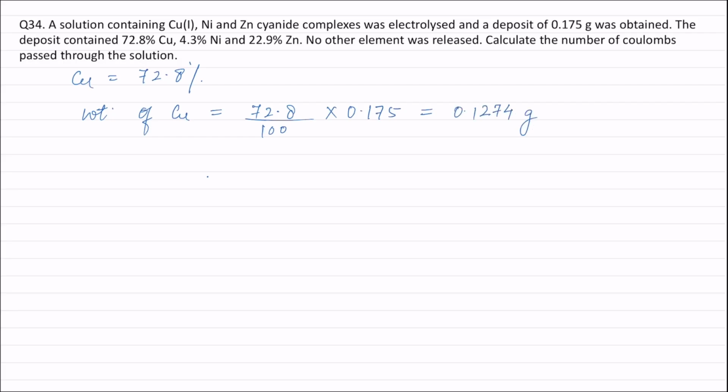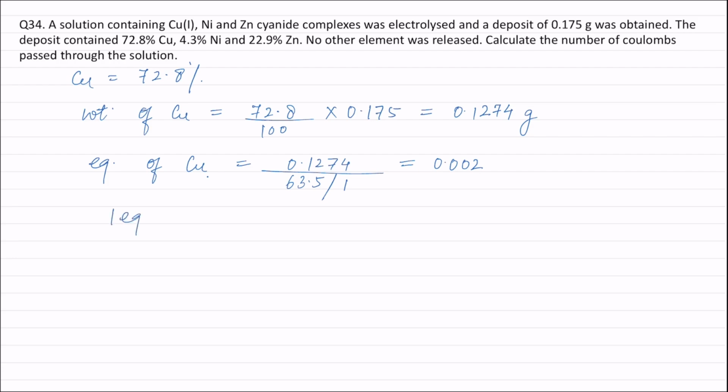0.1274 grams. From this, equivalents of copper is equal to weight of copper, that is 0.1274 grams, divided by equivalent weight of copper. Now, since the oxidation state of copper in this cyanide complex is +1, therefore its valency factor is equal to 1, and its equivalent weight will be equal to atomic weight, that is 63.5, divided by valency factor, which is 1, and this is equal to 0.002 equivalents.